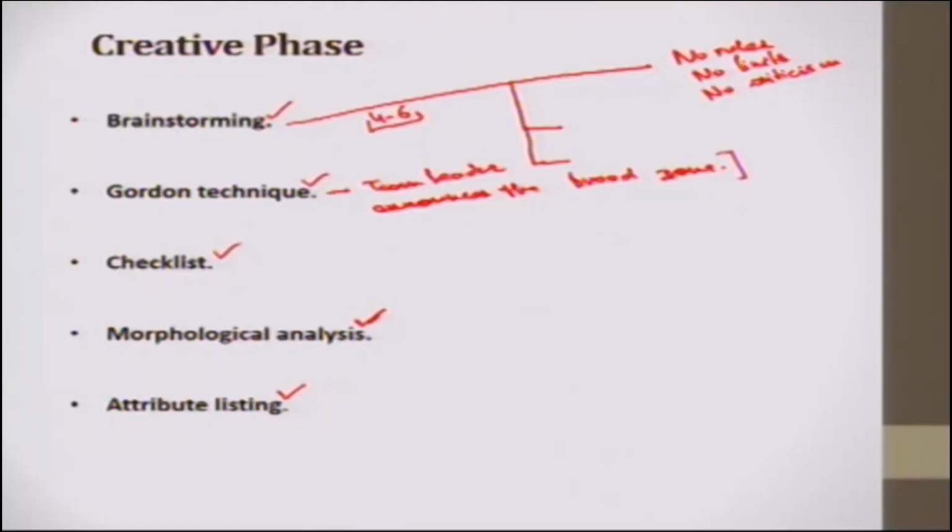These are all creative ideas that are coming out. These are not factual or product oriented ideas, but they are not ruled out at all. No criticism is allowed in this creative phase. So, in the Gordon technique, the broad idea is stated and the team starts working on it.